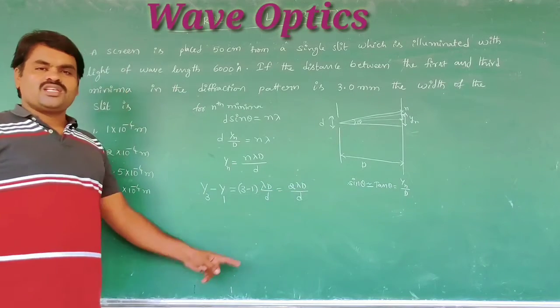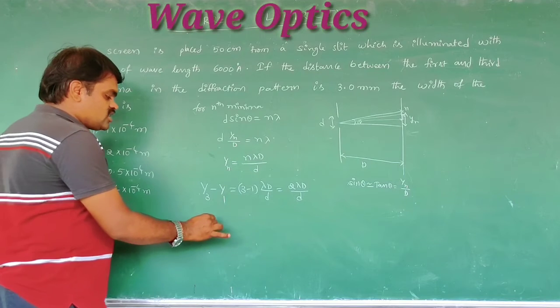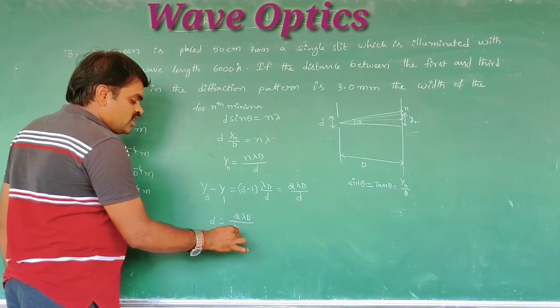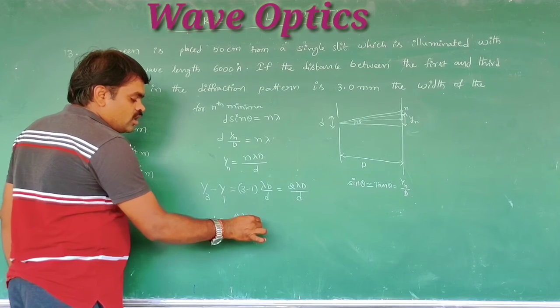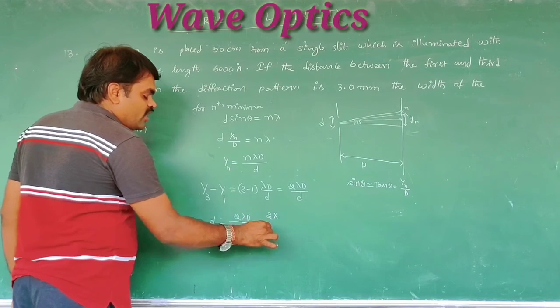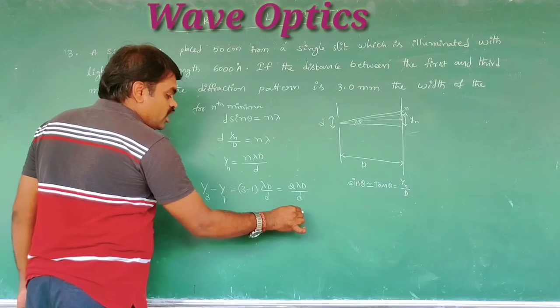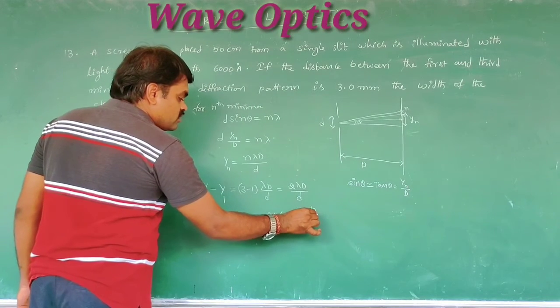Now we want the slit width. Then d is equal to 2 lambda D by y3 minus y1. Now 2 into lambda, the value they gave is 6000 angstroms, that is 10 to the power of minus 10.